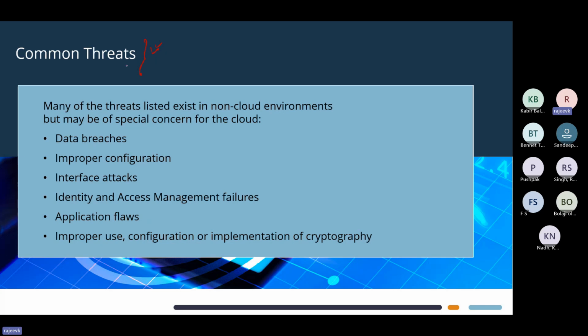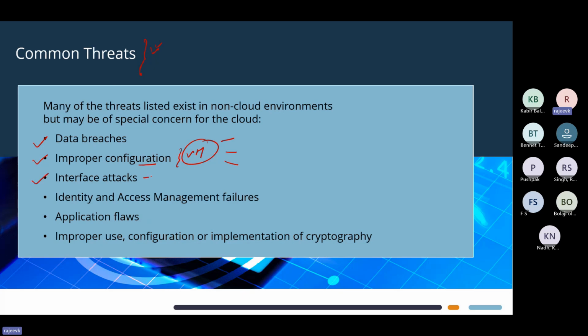What are the most common threats? Data breach possibilities, unauthorized modification or distribution of your data, and improper configuration. You have a virtual machine, but you don't have antivirus, anti-malware configuration, or encryption. That improper configuration will lead to a data breach.